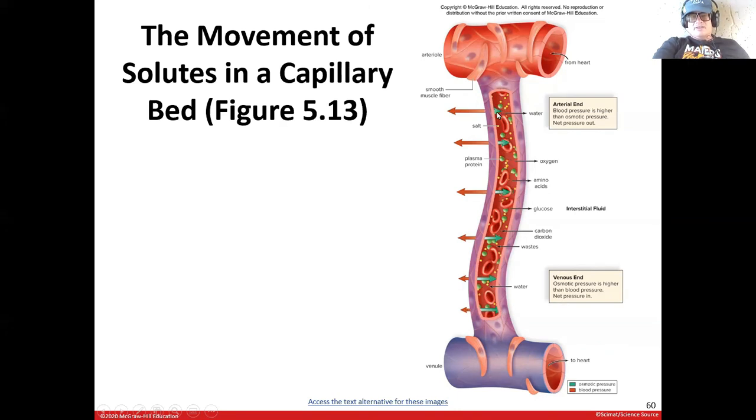You might have a little bit of that here, but not much because the blood's not that concentrated. As we get more and more concentrated, we have more and more cells, more and more proteins, higher concentration, the osmotic pressure pulls the water back in. That's a fancy way of saying the water wants to go in to dilute things.